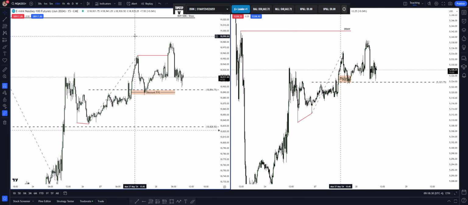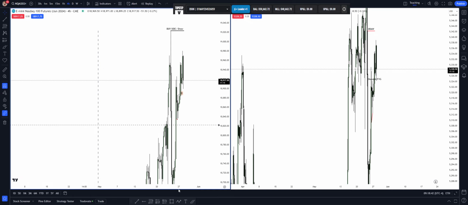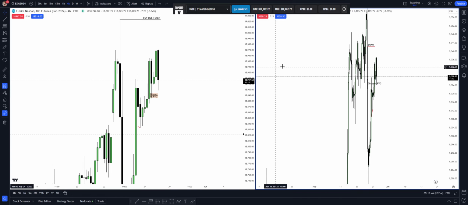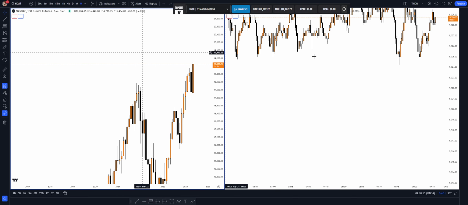So let's figure out what's going on. Let's start with the 4 hourly. Actually, I gotta change the layout.